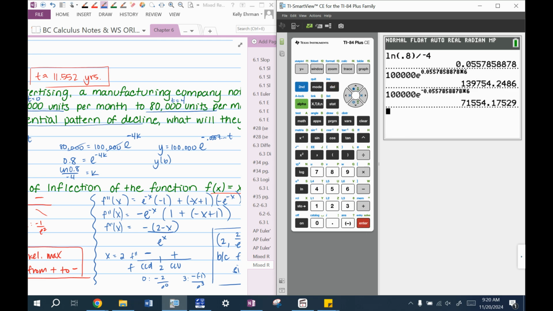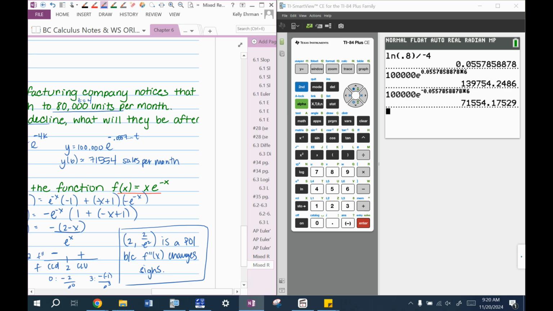Okay. And yeah, because our sales are dropping, right? So we're going from 80,000 down to 71,554. Okay. So I'm going to round to the nearest sale because we're talking about sales instead of having 0.175. So I'm going to say sales. I guess it's sales per month.